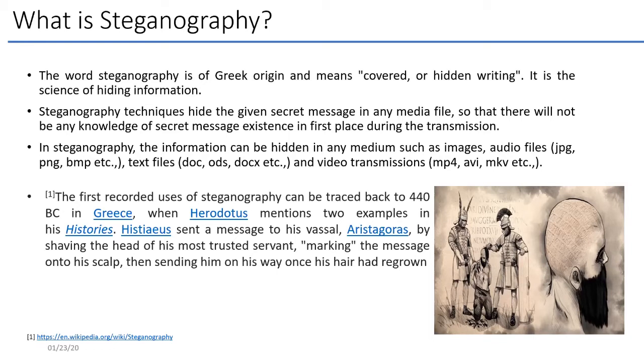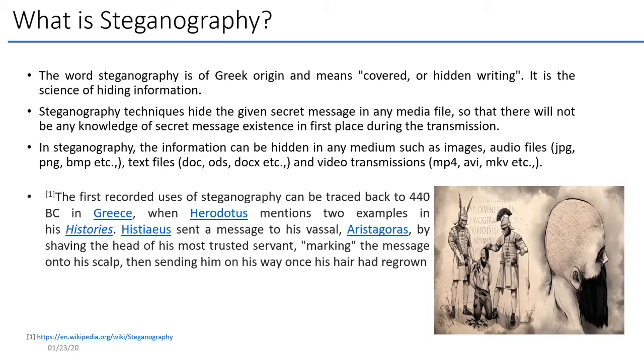As we see in the right bottom figure, this is a technology used by the king. He would shave the head of a slave, write the secret message, wait for a week or two for the hair to grow, and then send him to his sub kingdoms.